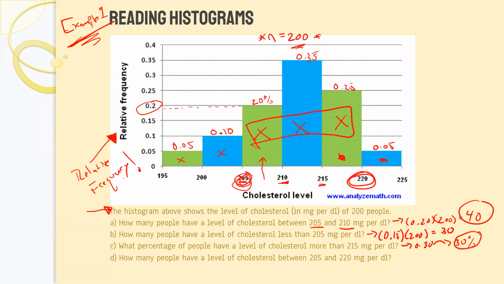So this would be 0.20 plus 0.35 plus this group here, which would be 0.25. What do you get? Do you get 0.80 when you do this? Did I do that math correctly? Yep, thank you. So you would take the 0.80 times the 200 people, and you would get 160 people.